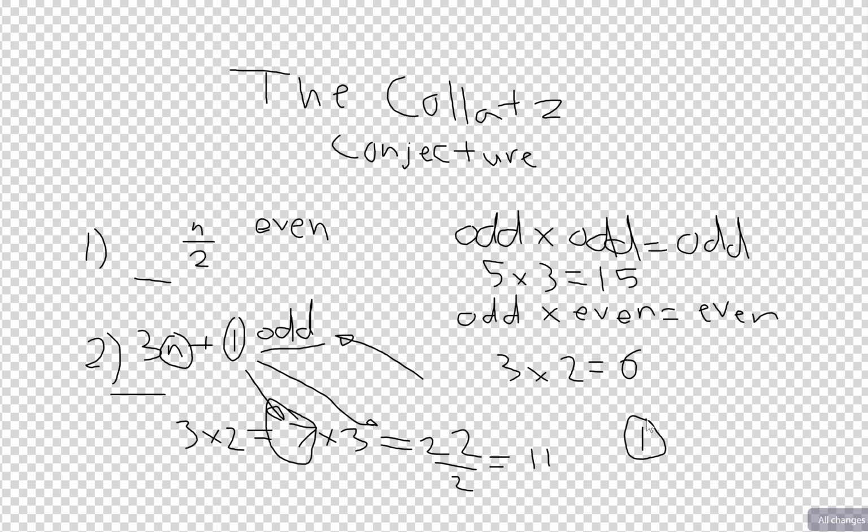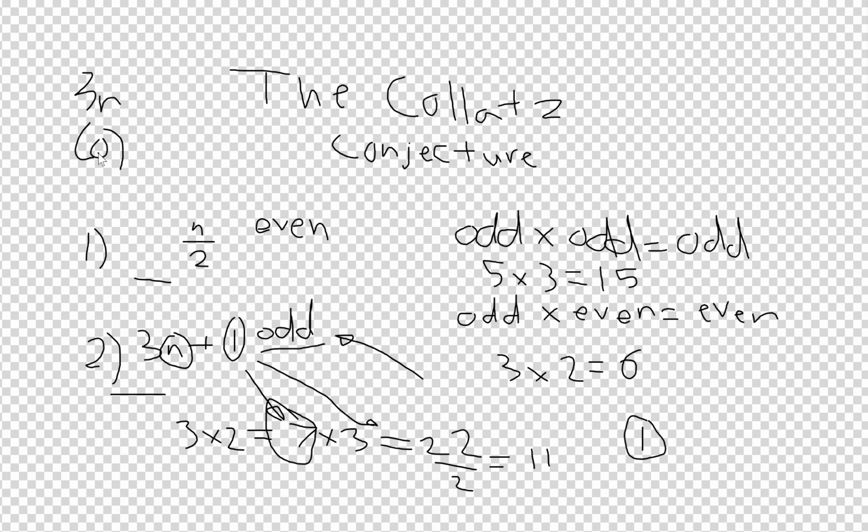And this is due to the fact that if you have an odd times an odd, you will always receive an odd. So instead of saying 3n, we can call this O for odd.